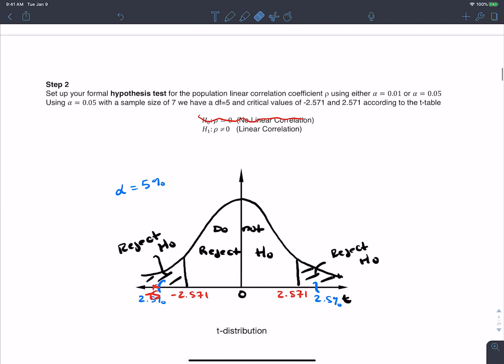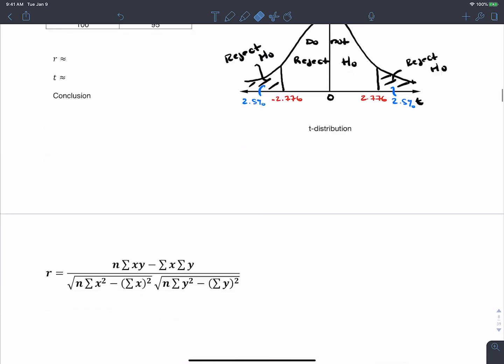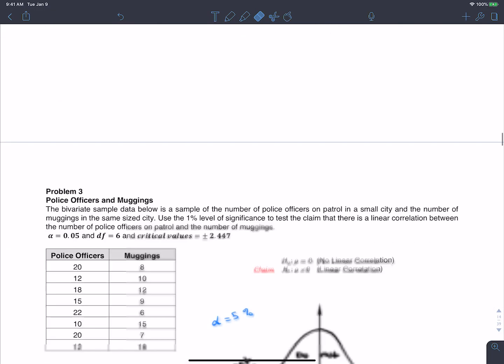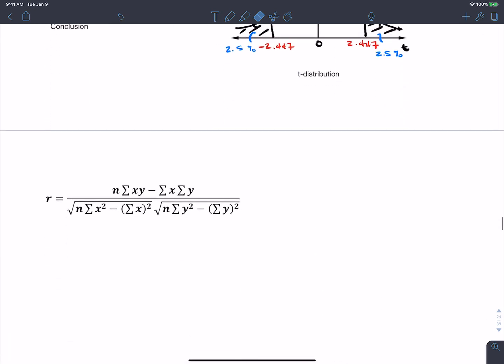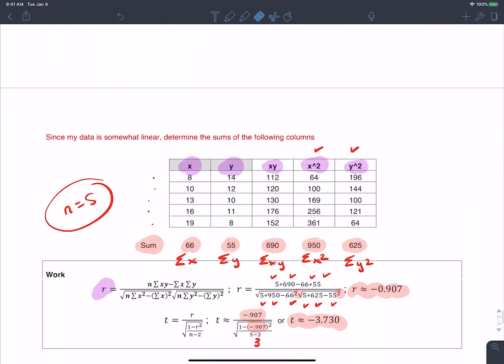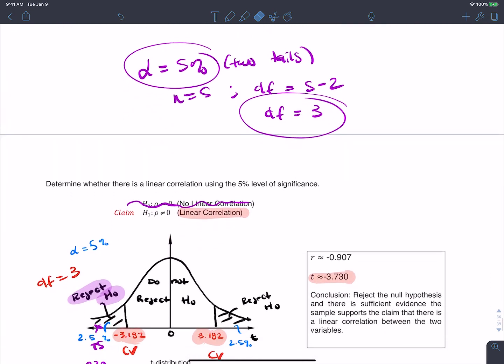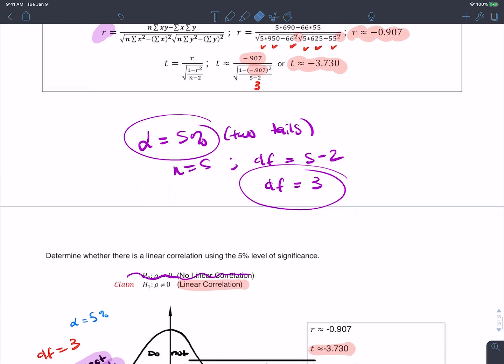So anyway, we're at the step where, let's go all the way back down here. Okay, for linear correlation, degree of freedom is 3.